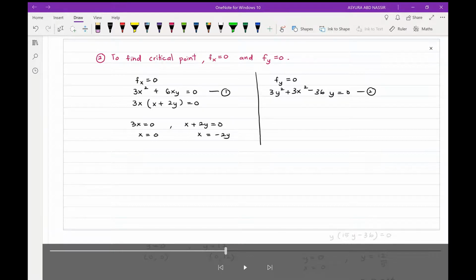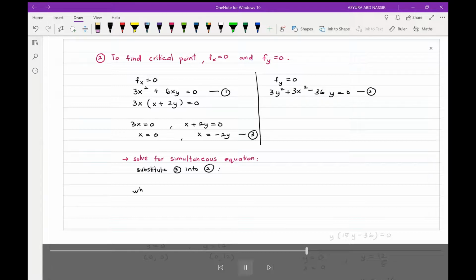Alright, continue. Then you will have the third equation here. Now we will solve for the simultaneous equation, which means you have to substitute your third equation into second equation, equation number 2. Similar with the previous examples, we have two values for your third equation. So when x equals to 0, you will substitute into equation number 2.